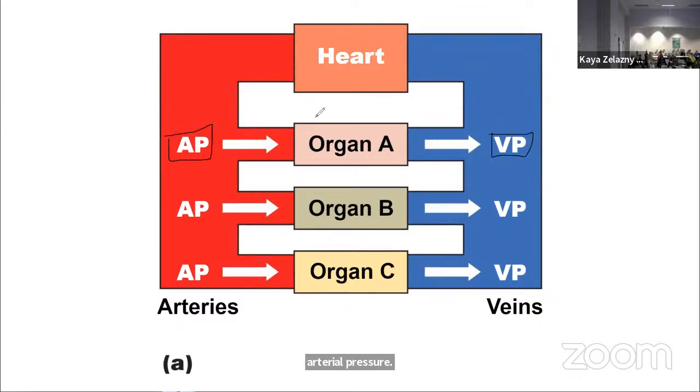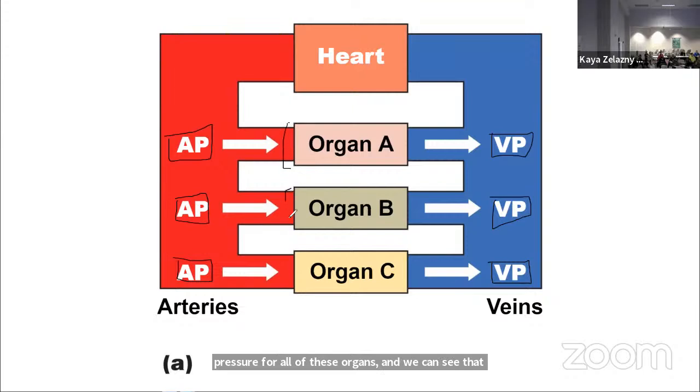That's just telling you this is the pressure difference. In this schematic, we're seeing the same arterial pressure for all of these organs, the same venous pressure for all of these organs, and we can see that they've drawn tubes that are the same diameter. So is there going to be any variation in flow to each of these organs in this picture?